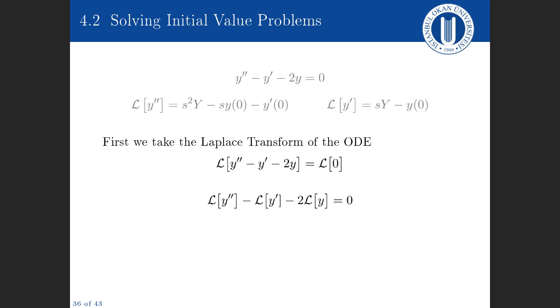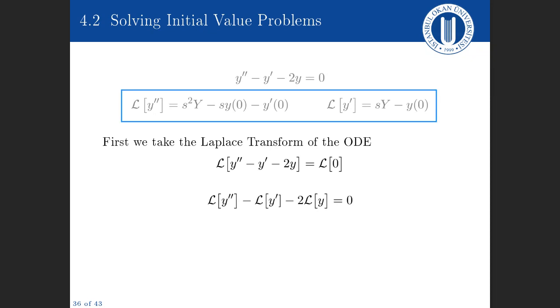There's two formulae at the top that we're going to be using. These are the ones from the theorem. The Laplace transform of y prime is s capital Y minus y0, and the Laplace transform of y double prime is s squared capital Y minus sy of 0 minus y prime of 0.